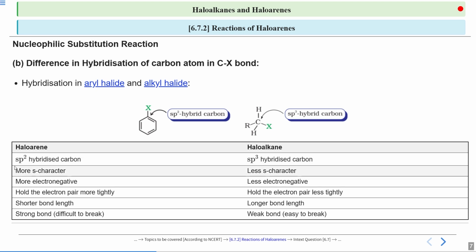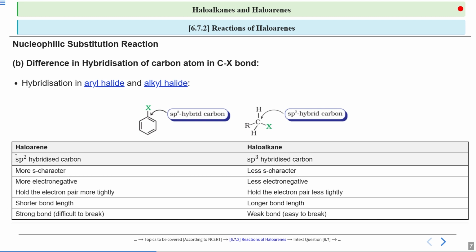Now, what will happen due to the different hybridization of the carbon bearing the halogen? First of all, s character will differ. In the haloarenes, there will be more s character, and in the haloalkanes, we have lesser s character because the hybridization is sp3. In the haloarenes, due to the more s character, the electronegativity is more. So the carbon will be more electronegative compared to the carbon present in the haloalkane, which is less electronegative.